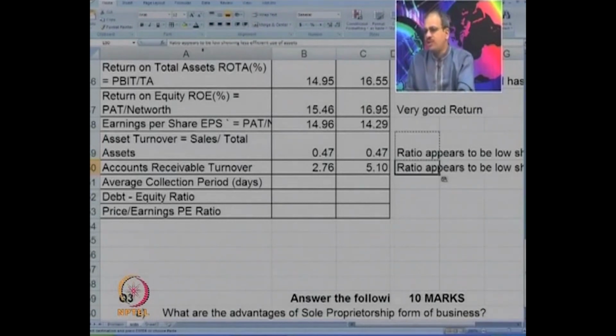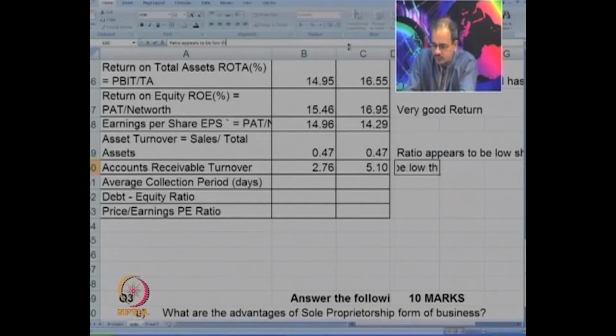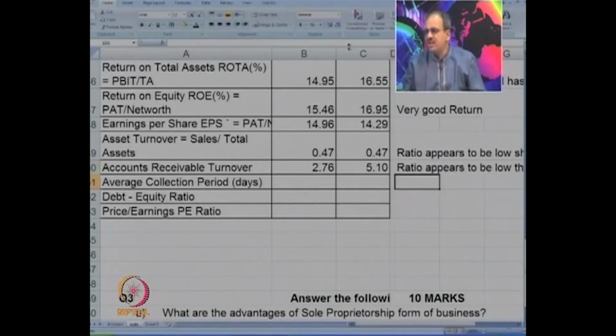So, the ratio appears to be low, though it has improved significantly, because you see a double growth in the ratio.